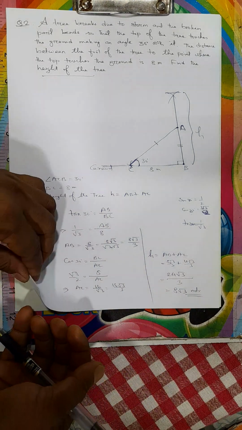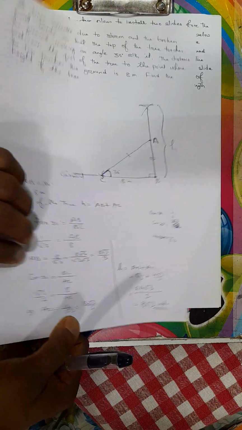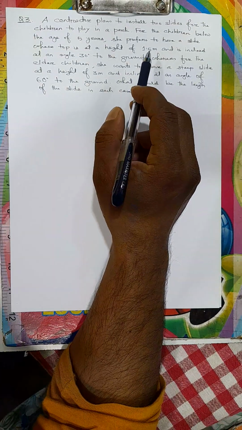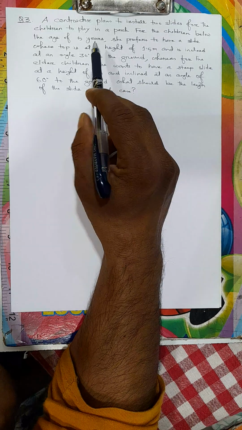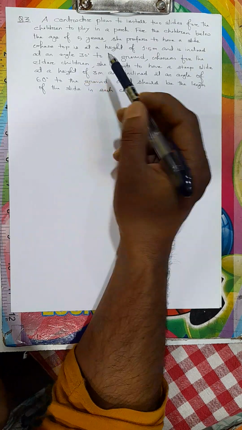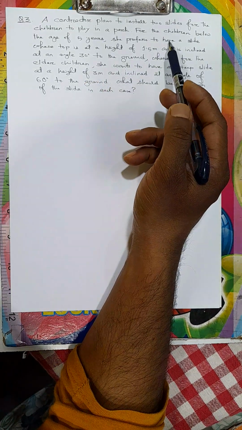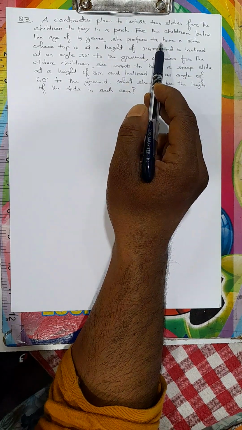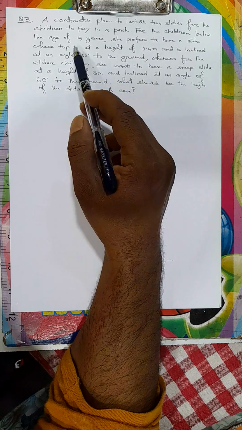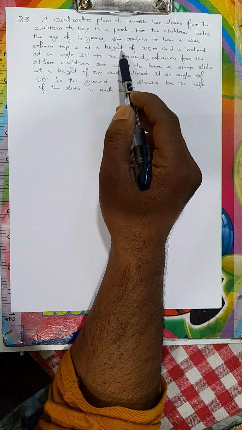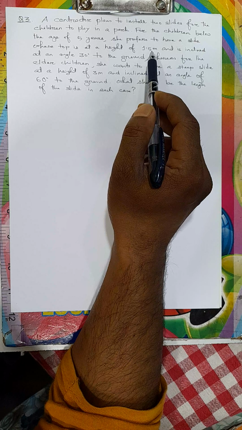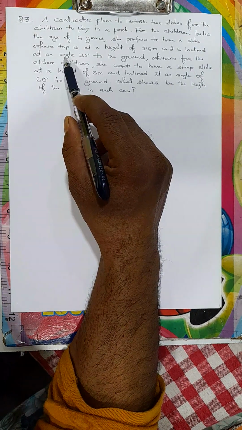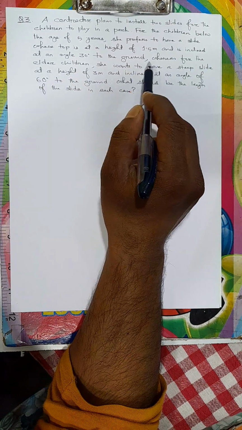Coming to question number 3 here. A contractor plans to install 2 slides for the children to play in the park. For the children below the age of 5 years, she prefers to have a slide whose top is at the height of 1.5 meter and it is inclined at an angle of 30 degrees to the ground.